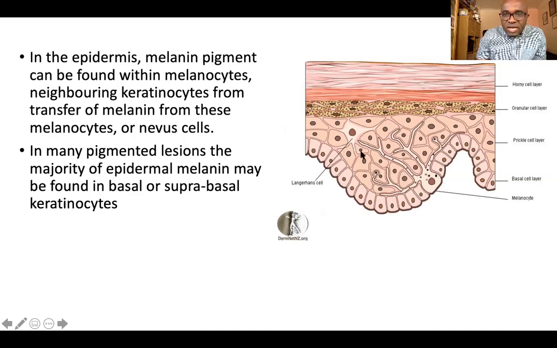And all these, as you come up in the upper layer of the epidermis until you get to the horny cell layer, these are all keratinocytes, and they are all joined by dendritic processes from the melanocytes, which make you appreciate the melanosomes more when you're looking through a dermoscope.